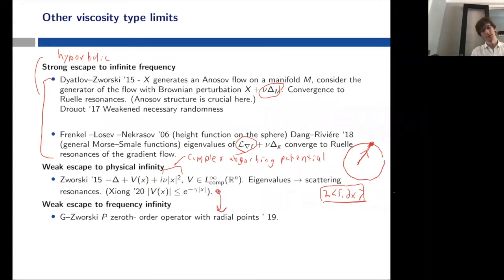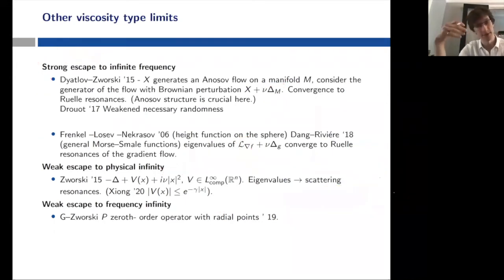So if you conjugate by the Fourier transform and forget that there were high frequencies here, you end up in this weak escape to infinity structure. Okay, so now I want to try to explain how you can really explore these viscosity limits, and it will involve the use of some kind of analytic structure and the meromorphic continuation of a resolvent.